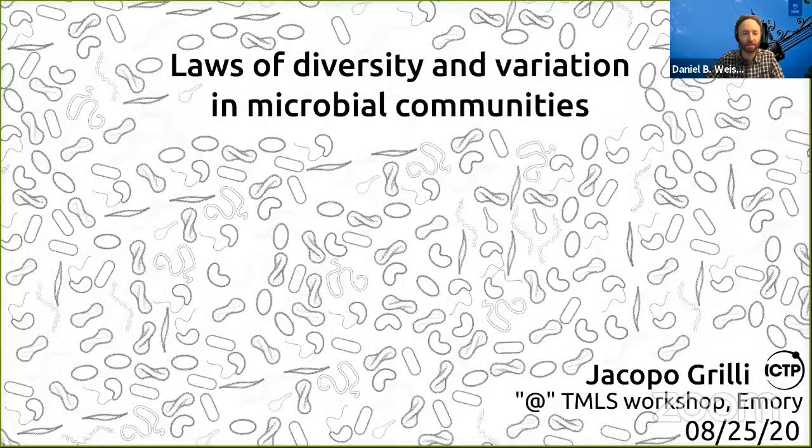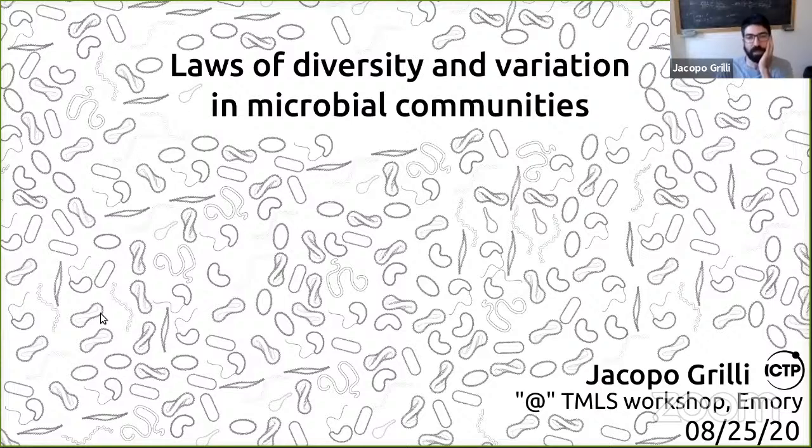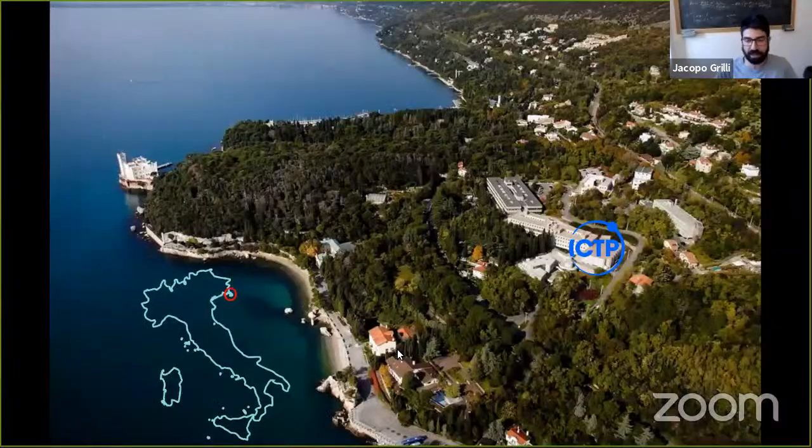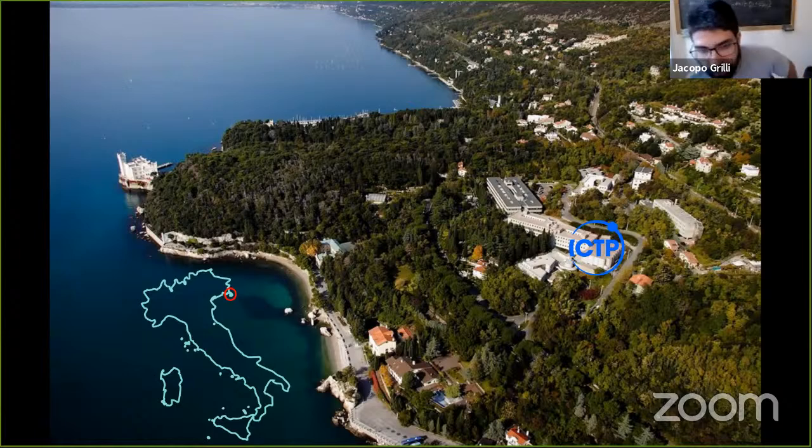Okay, great. Thank you very much for the invitation, and it's a pleasure to be virtually there. Before I start, I want to say a word on where I'm physically at. I work at ICTP, which is a UNESCO research center in Trieste that has a double mission: to do good science, but also to foster excellence in science in developing countries. We organize many activities and have many visitors from everywhere in the world.